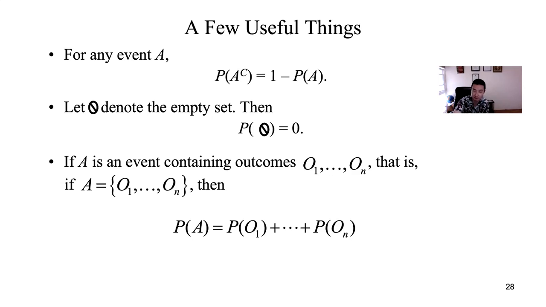Nothing else. If A is an event that includes outcomes O1, O2, and On, then P(A) will be equal to P(O1) plus P(O2) plus P(On).